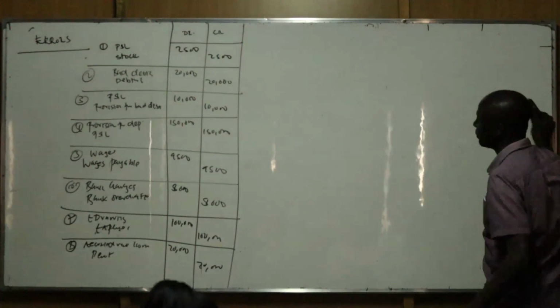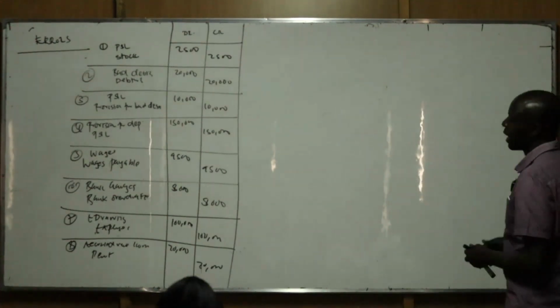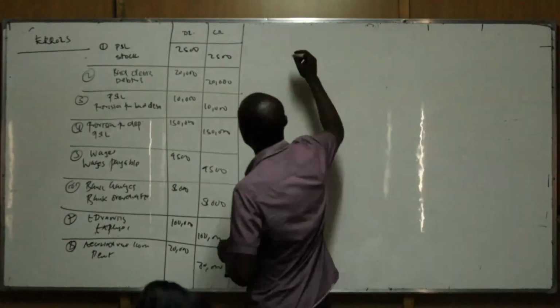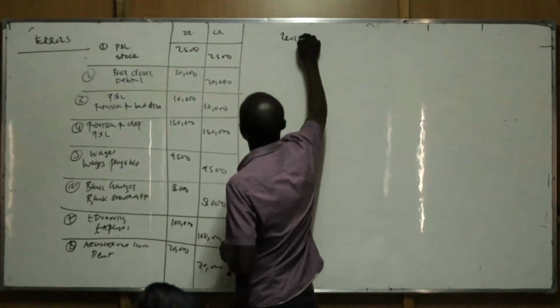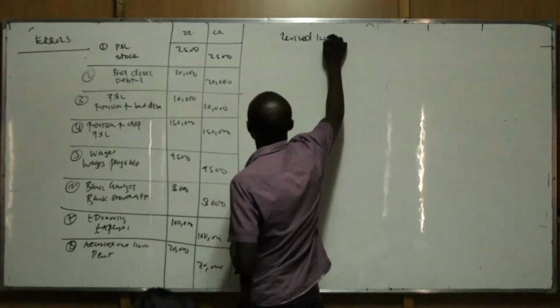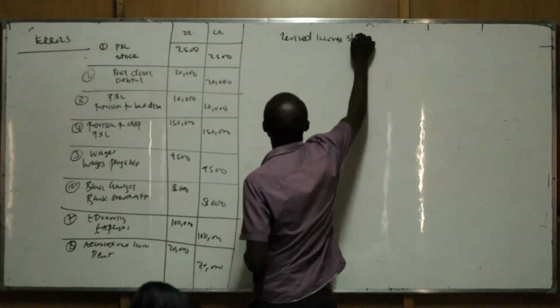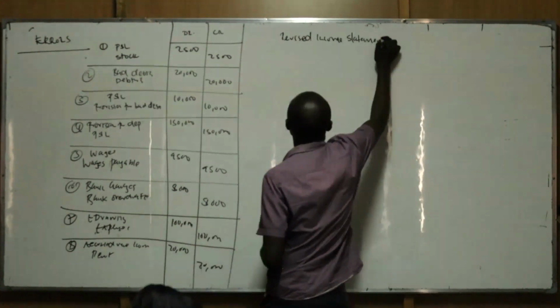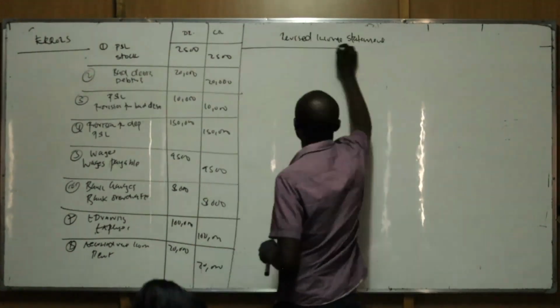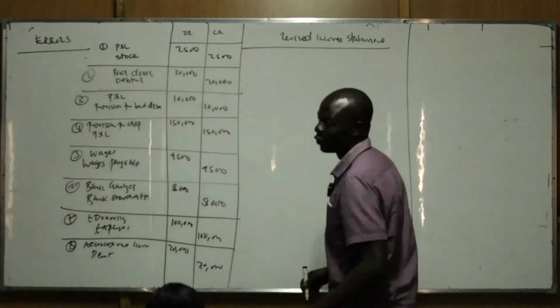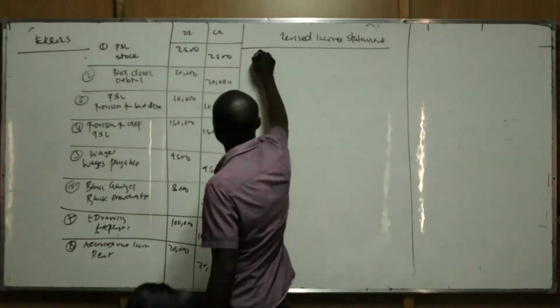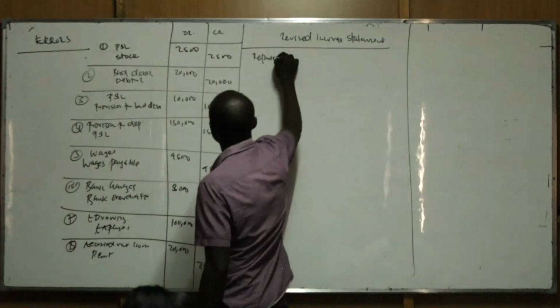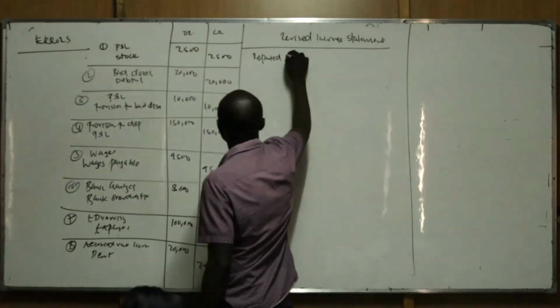Any question? Now we come here and prepare a revised income statement. So here we have the reported profit, the profit that was reported, with the errors. How much is it in the trial balance?